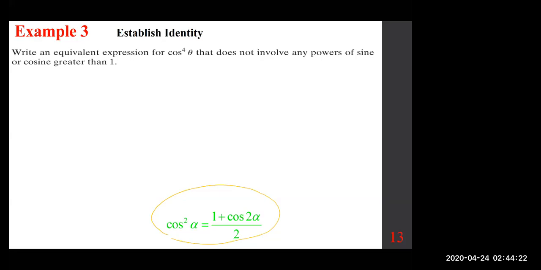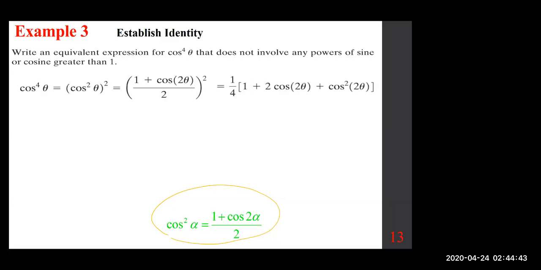So first we're going to write cosine squared to the second power, and we replace the cosine squared with what we established at the bottom. Now, whether it's alpha, beta, theta, it makes no difference. Now we're going to raise this to the second power. I hope you see that the 2 in the denominator means 1/4. When you square the rest of it, this is what you get. This is algebra, class.